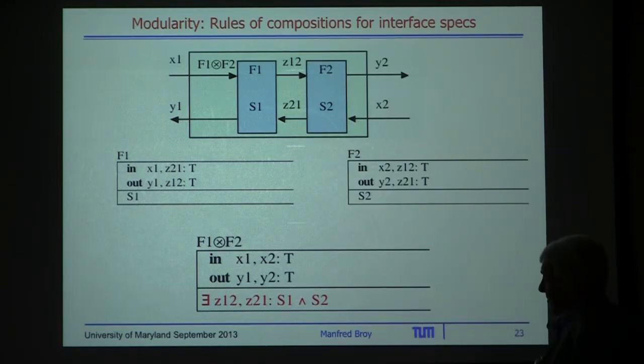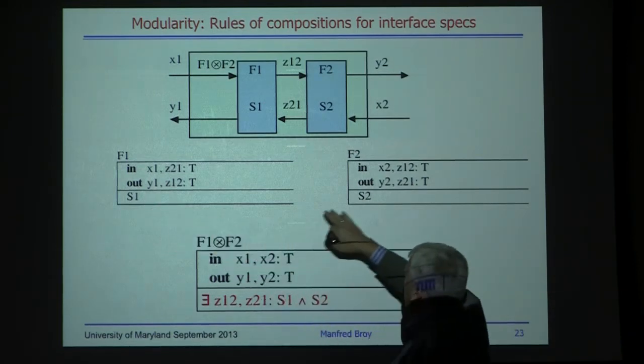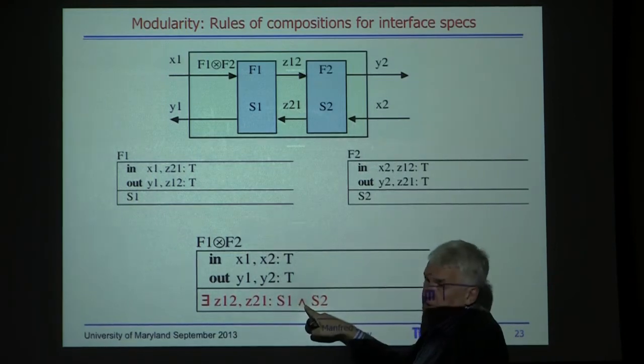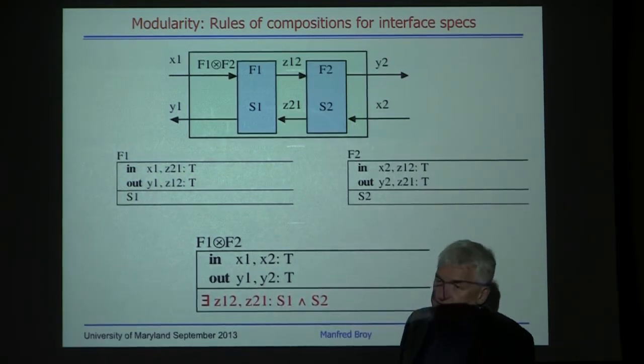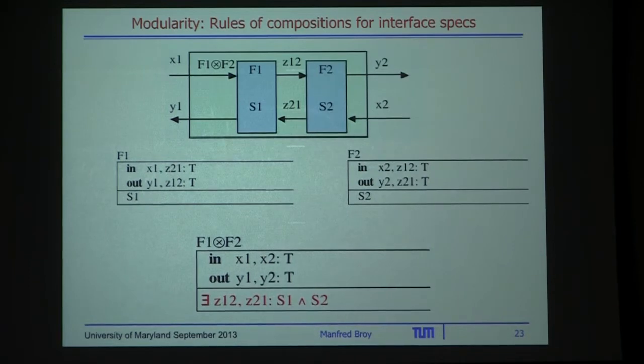And how do we get the specification of the overall system? Well, we take the specification of the first and the second system, put these two specifications together by a logical and, and hiding is done by existential quantification. This is very simple, but we worked hard for a while to make sure that this is exactly doing the job.